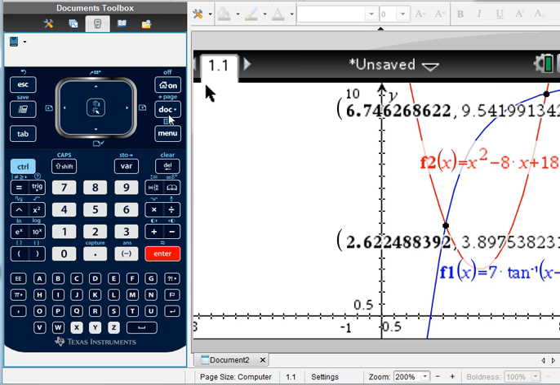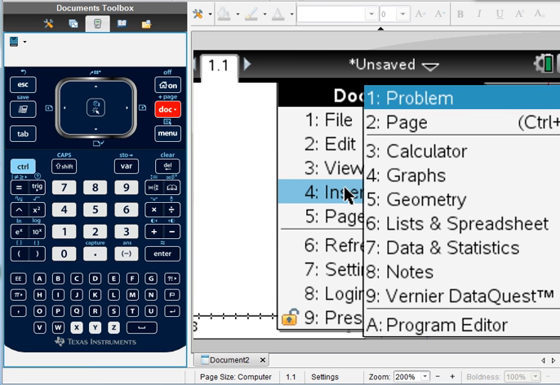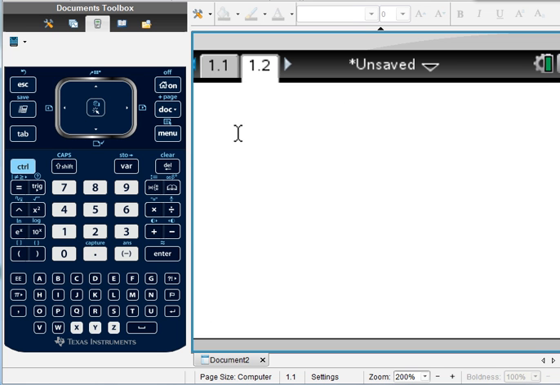And then document, we'd insert calculator, and then we can set up our integral.